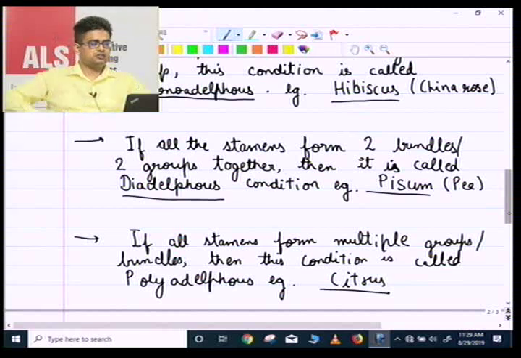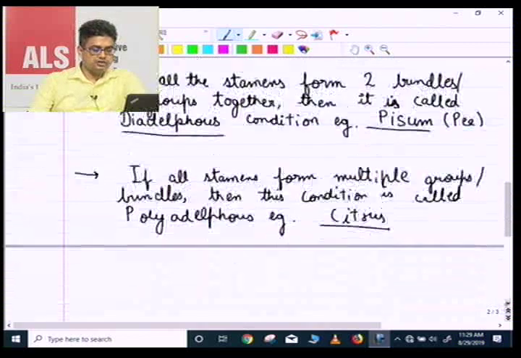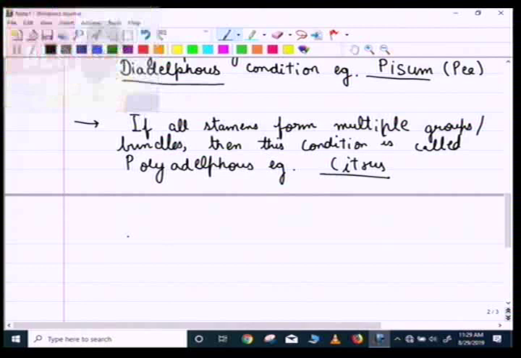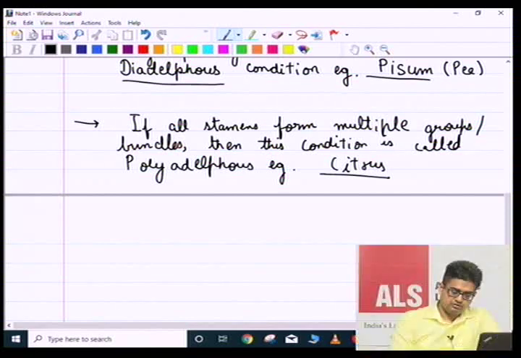There is a term which is not mentioned in the NCERT, but it is important because the condition has been mentioned, and it concerns the condition of mustard flower.